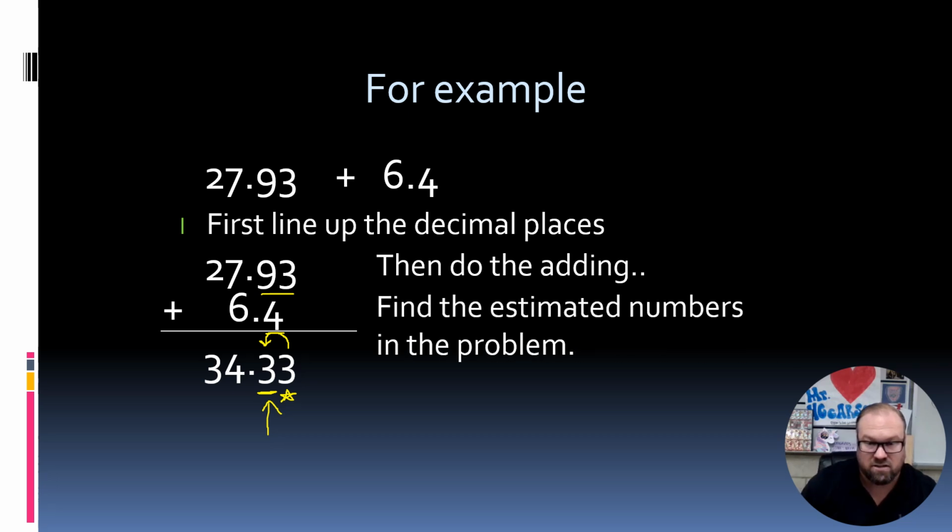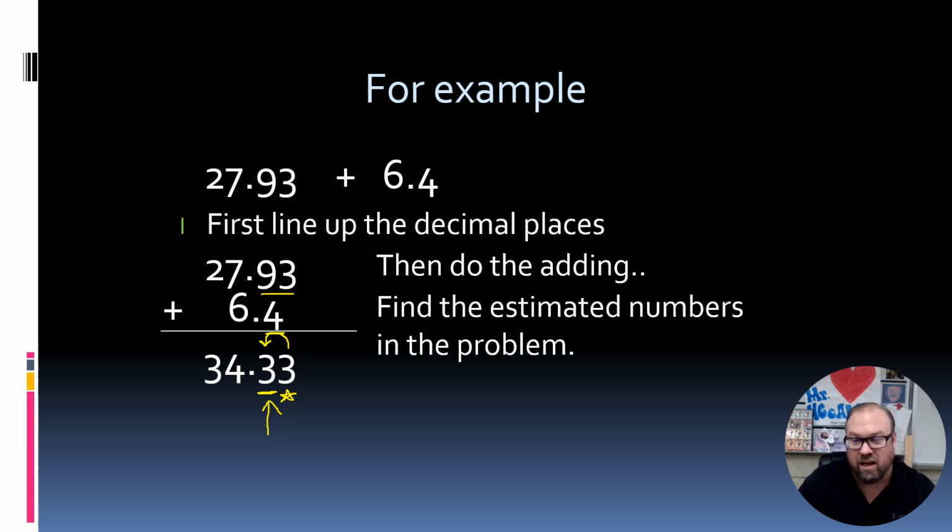So our final answer, okay, so we find the estimated numbers in the problem, and I showed you that. So we have 2 decimal places. So the first measurement goes to the second, and then the next measurement goes to the tenths. So once again, we have to cut off our number at the tenths position because your final answer cannot be better than the least accurate measurement, which means the fewest decimal places.